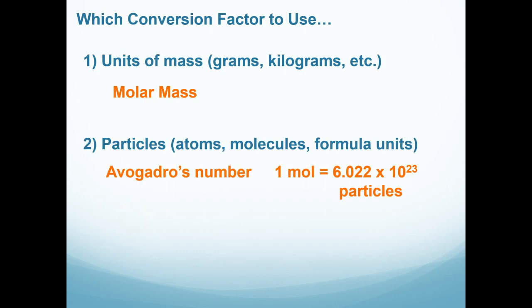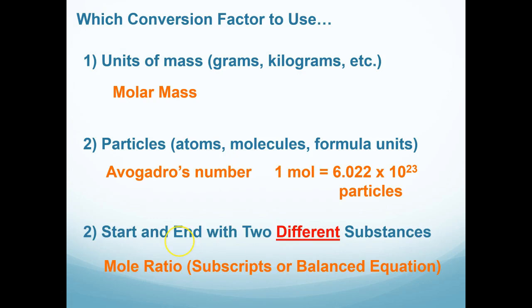Second set of words to look for, if I see any type of tiny little particle, atoms, molecules, formula units, if I see any one of those words, it tells me that I need Avogadro's number. So that's 6.022 times 10 to the 23rd, that is Avogadro's number. And the last thing, I need to look at my have and my want and figure out, do I start and end with two different substances?